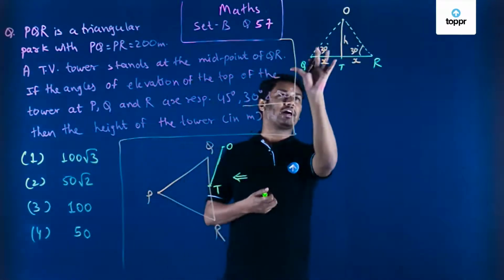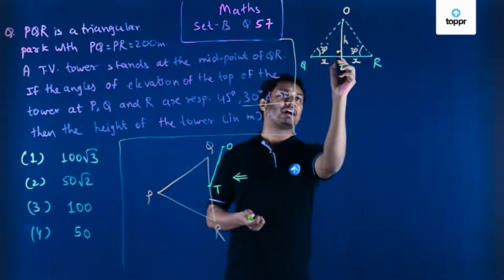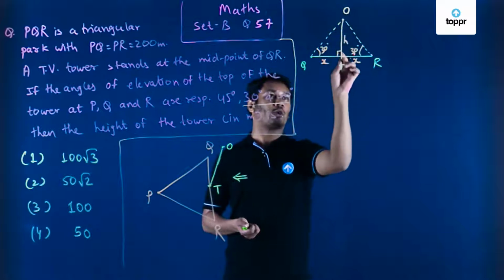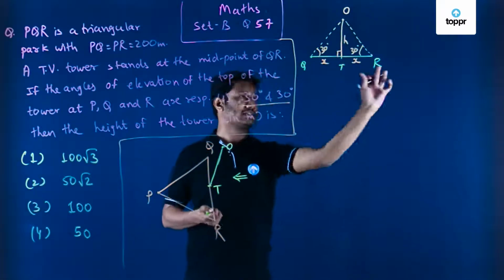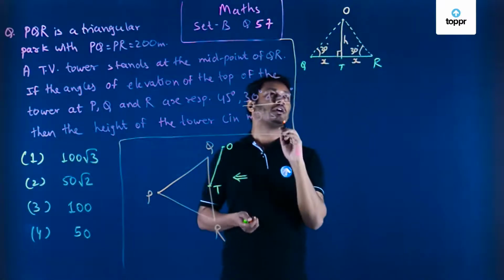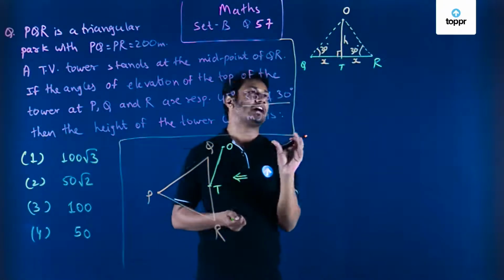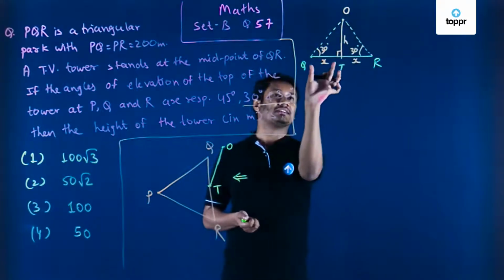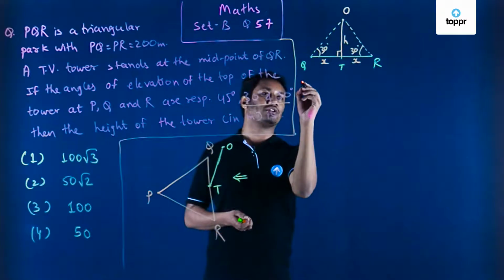So tell me, what can I do here? This is of course 90 degree because we will consider the tower standing right at midpoint. So it will be making 90 degree with this base QR. So I can use any one right angle triangle. In this one right angle triangle, if I have to use this side and the opposite side, adjacent and opposite side, I can use ratio tan.